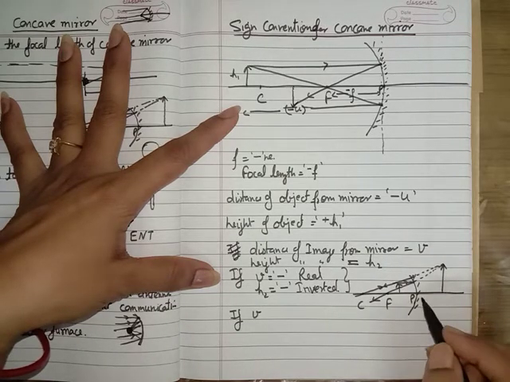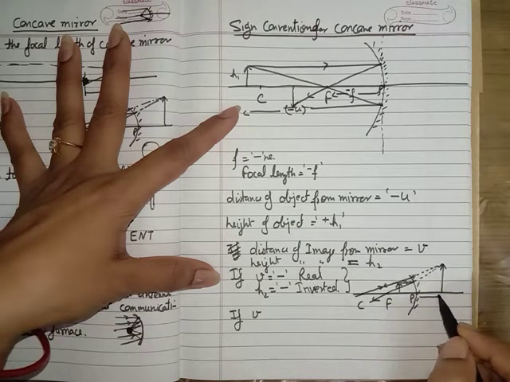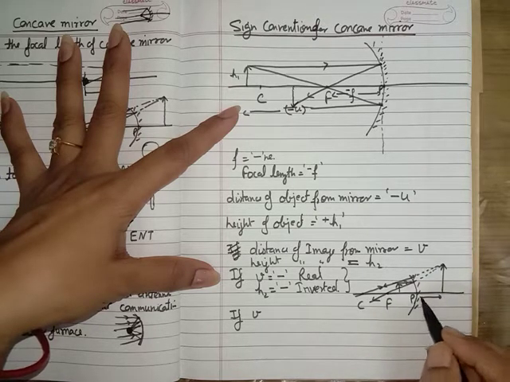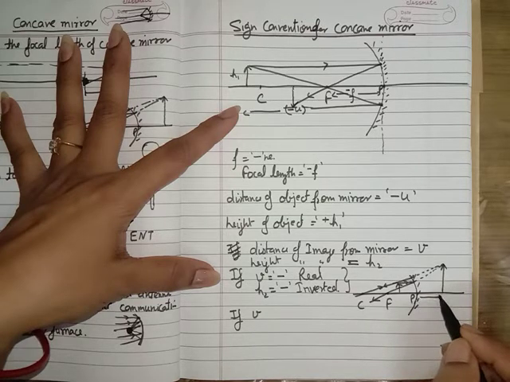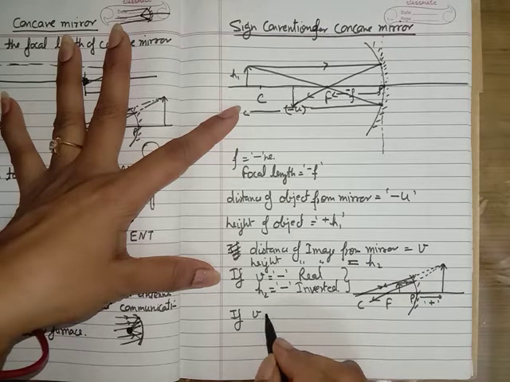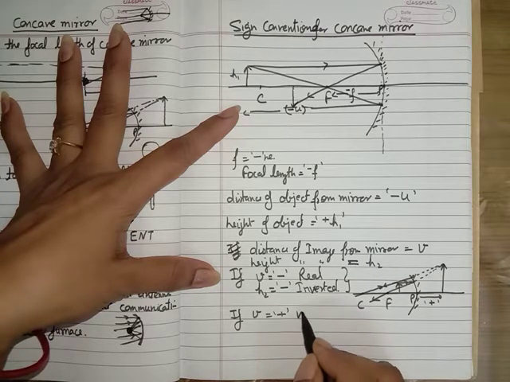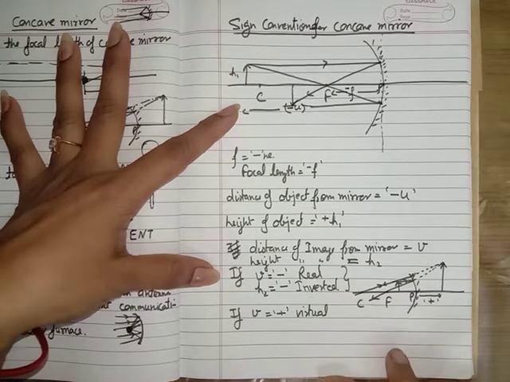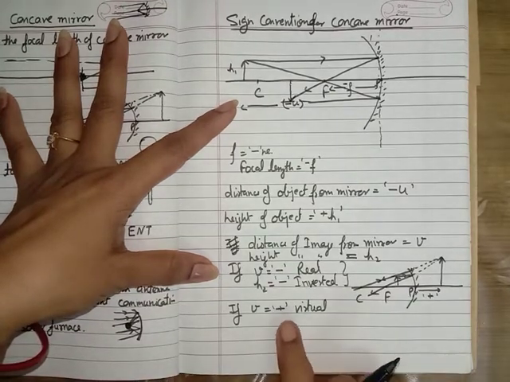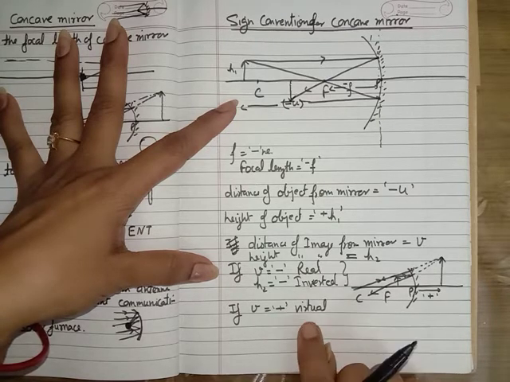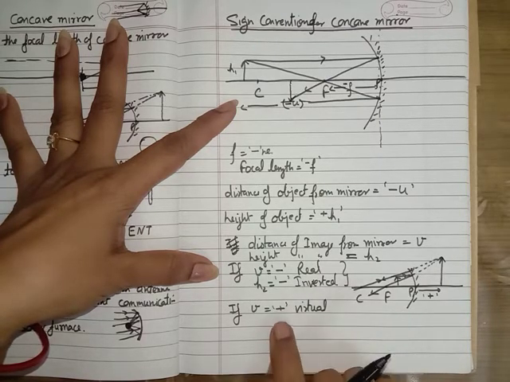Now what about the image? We have to find the distance of the image from the pole in this direction. I have told you that if you find the distance from the pole in this direction, it is positive. It means if we find that v is positive in our numericals, it shows that it is a virtual image. I've told you that you don't have to write the sign before the answer, but you have to write the meaning of this sign.